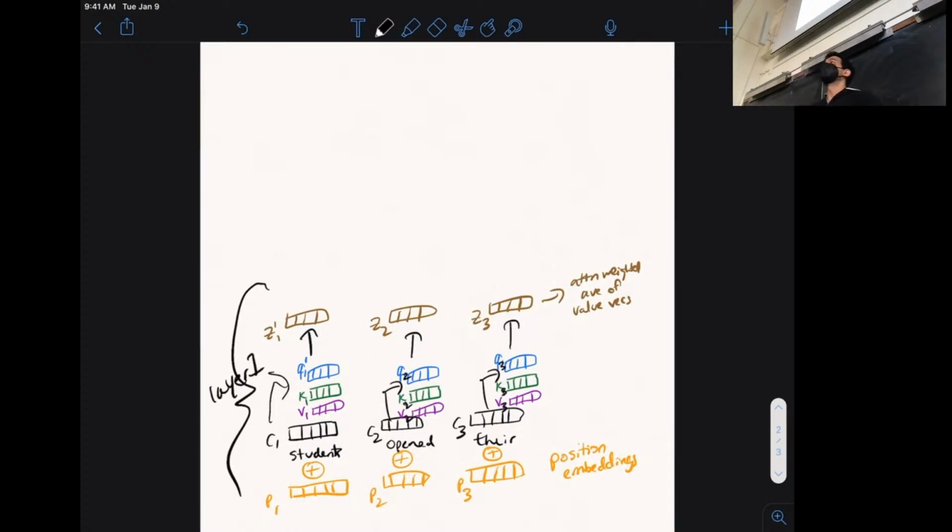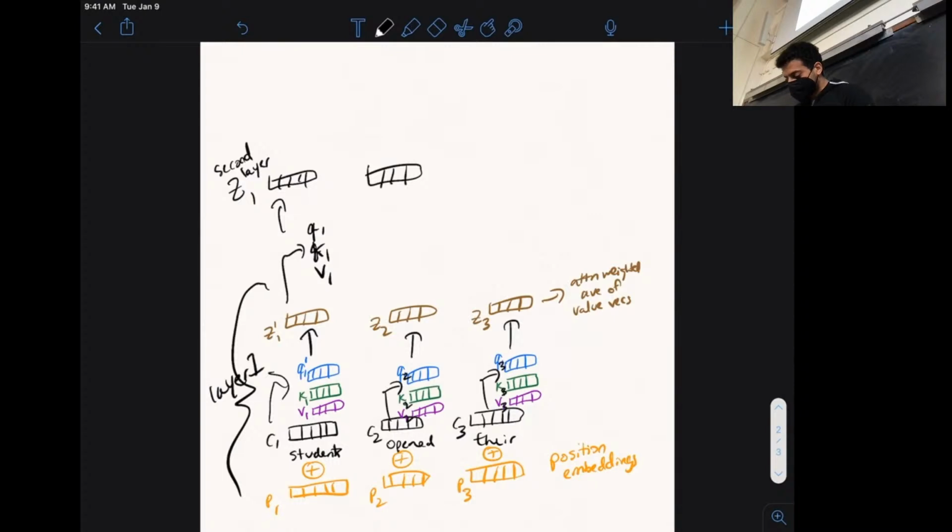Now, instead of going directly to the softmax layer, I'm just going to use these z's as the input to the next layer. So I'm going to take these z's and project them to Q1, K1, V1, and so on. Do the exact same thing and get more z's. Second layer, Z sub 1, this notation is bad.